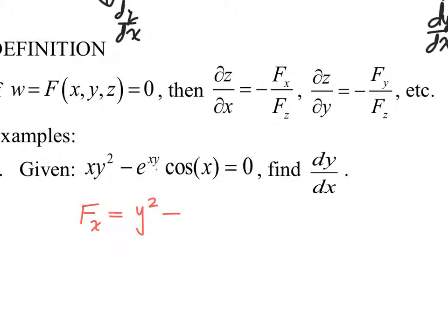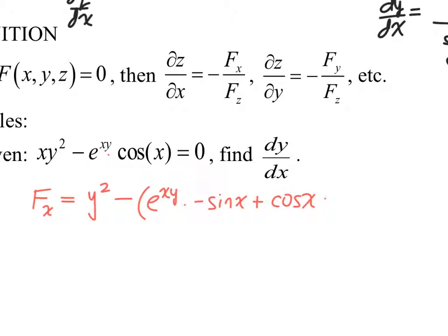So we're stuck with product rule there. So first times the derivative of the second, so times negative sine x, plus the second, cosine x, times the derivative of the first, which would be e to the xy multiplied by the derivative of the exponent, which would just be y with respect to x.